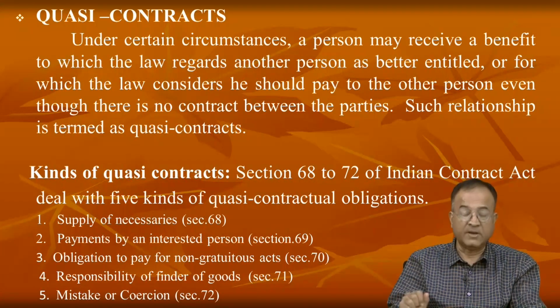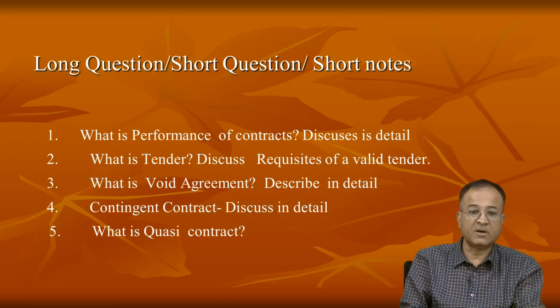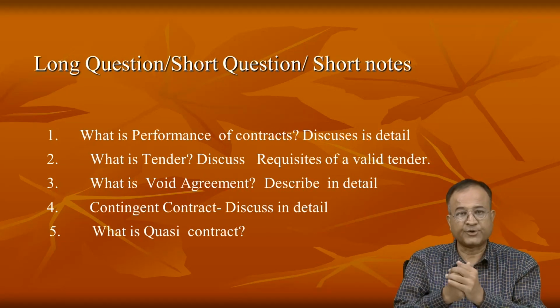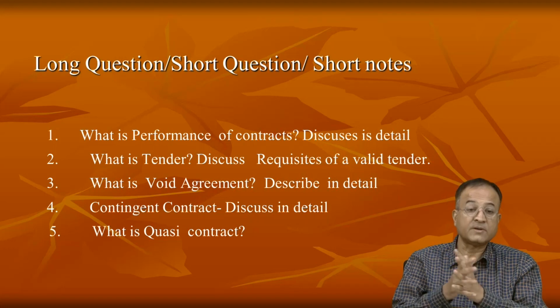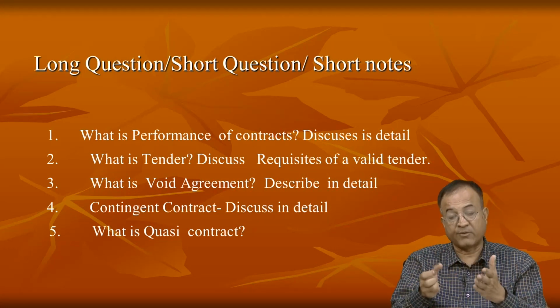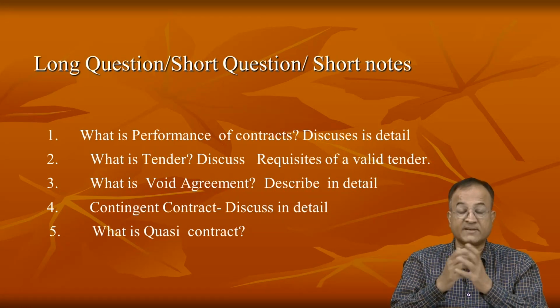Okay, with this note we conclude our today's lecture. A few long questions and short questions can be asked from this lecture. First, it can be asked, what is performance of contract? Discuss in detail. Second, what is tender?